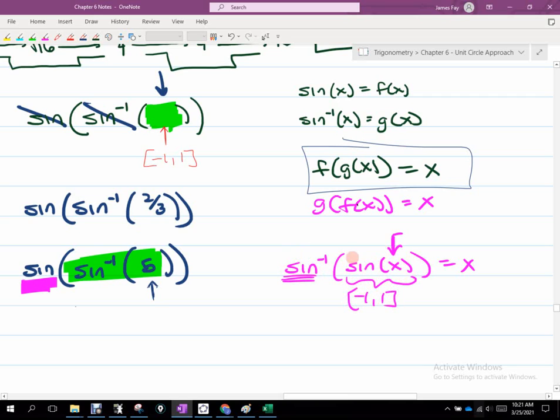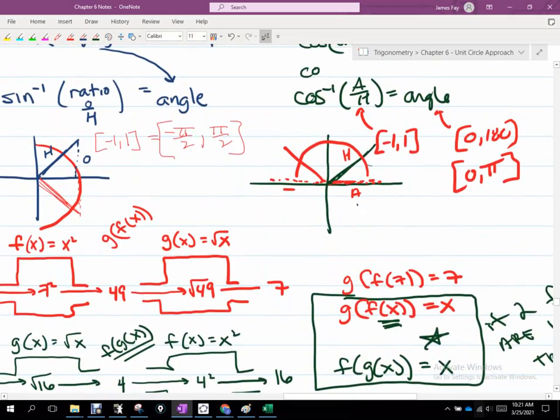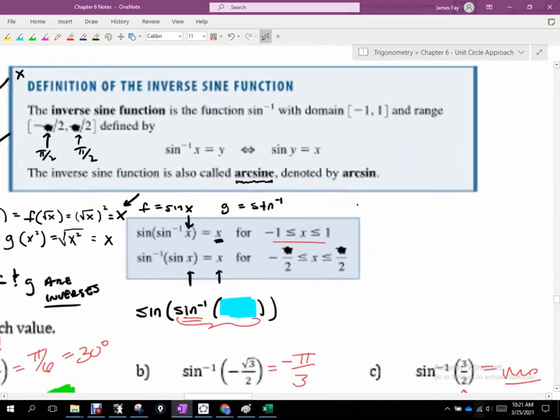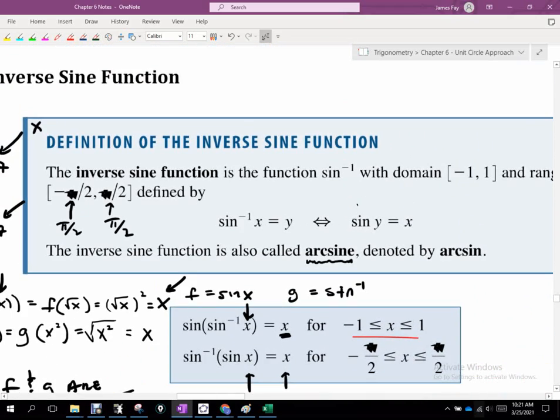Does that make sense, everybody? I want this whole thing in parentheses here to evaluate between -1 and 1. Well, based off of what we have already talked about with the sine function, the only values that can happen with the way it's defined is that if we use -π/2 to +π/2. Does that make sense? Okay. And that is what is described, if you downloaded the notes, right here. Okay, a lot of stuff written over. Last class we did the same thing, but I wrote it in this area.